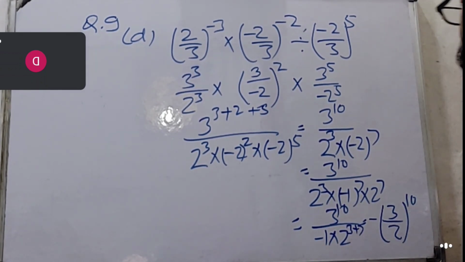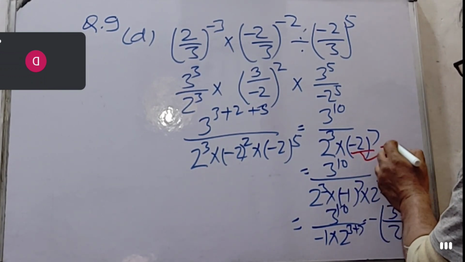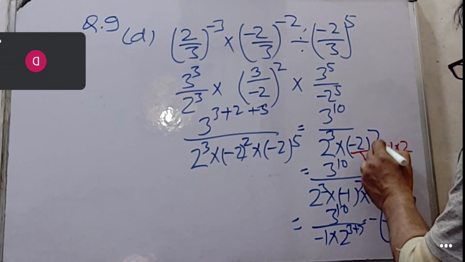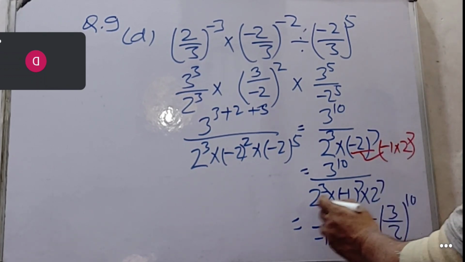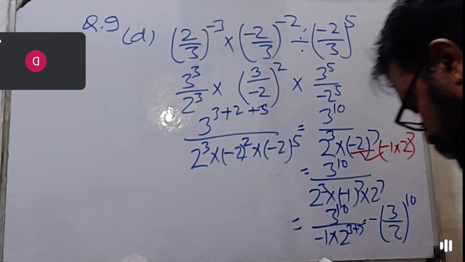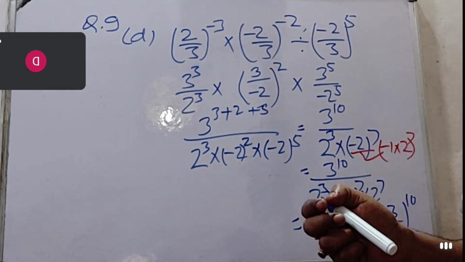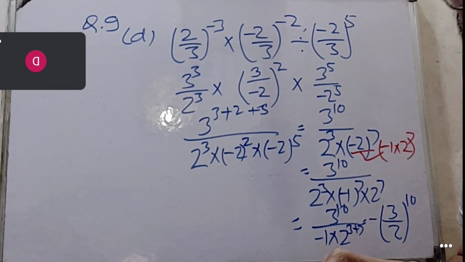This power, this minus 1 by 2 means minus 1 into 2 whole power 7. And because of that, I wrote it like this. Right? So this is the solution. Okay, so now next.